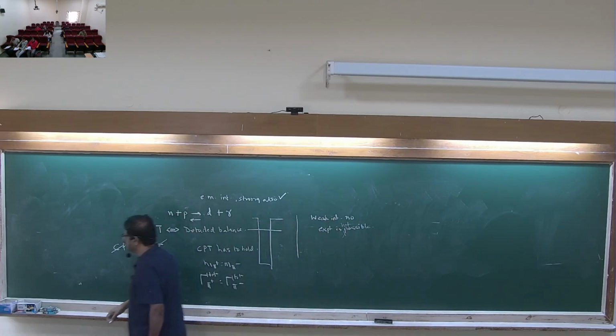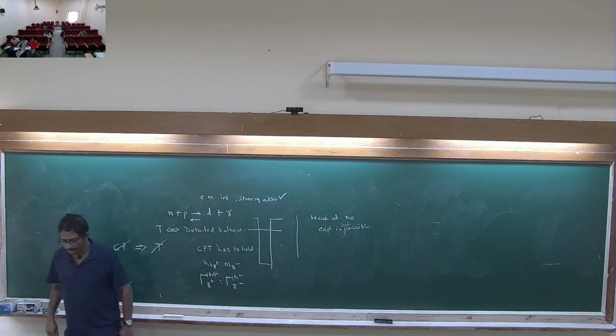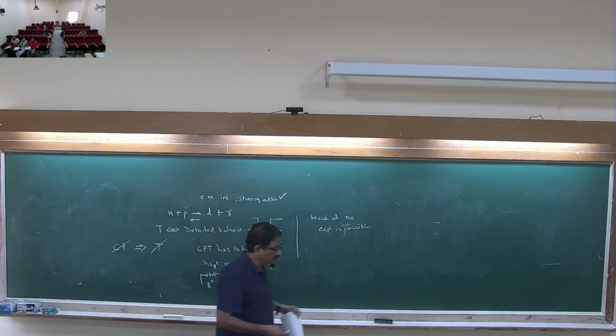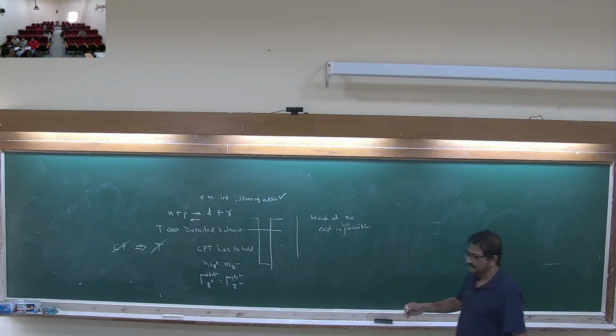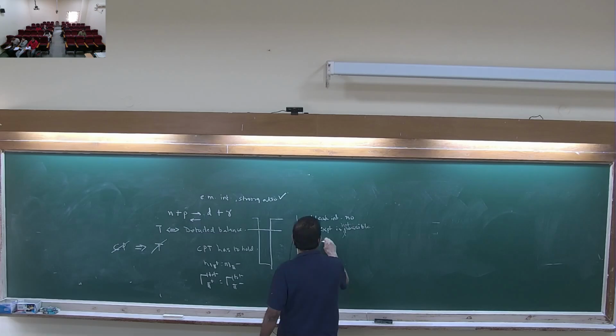So the only way is to look at certain predictions of theory which would imply static properties for various particle states, which implies CP violation and T violation. So we have to look for properties of particles.